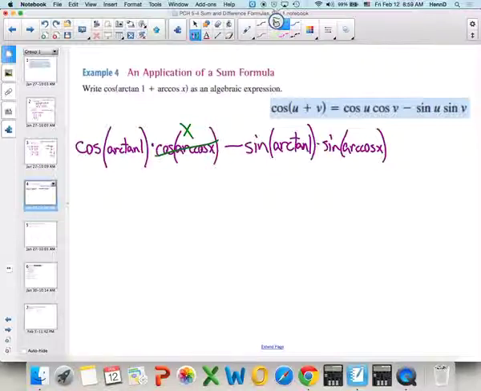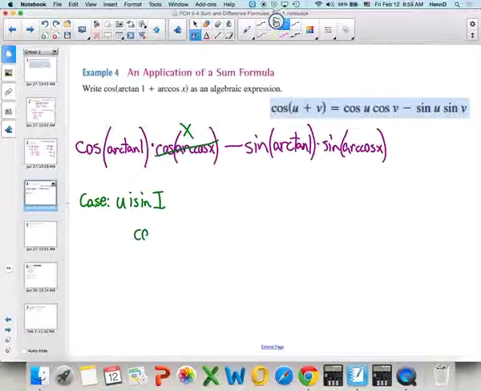Now, the other thing that we can do is we can consider two cases. First case is if our u is in the first quadrant. Arctangent of 1 would then equal what if we're in the first quadrant? 45, or pi over 4.